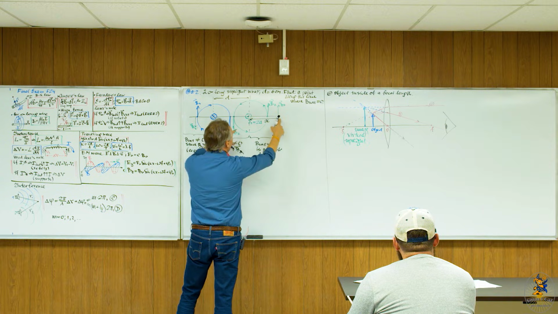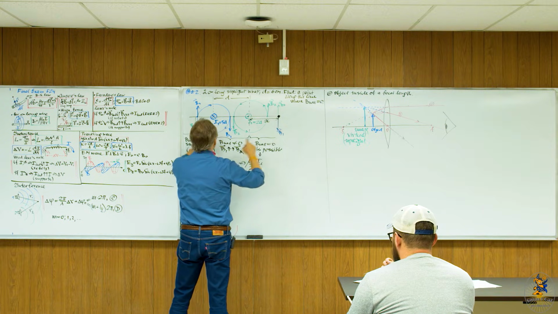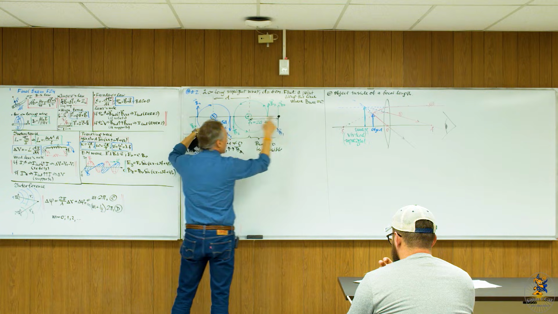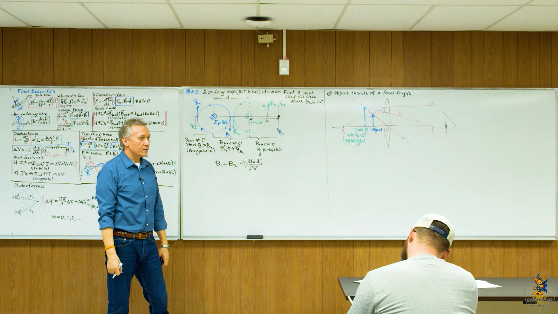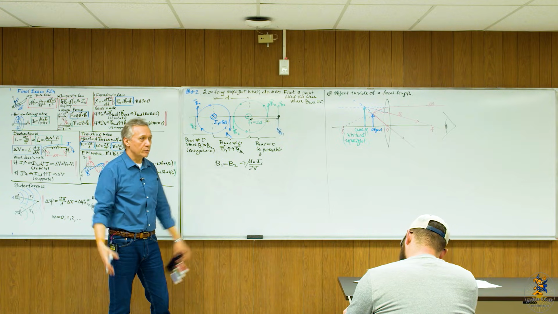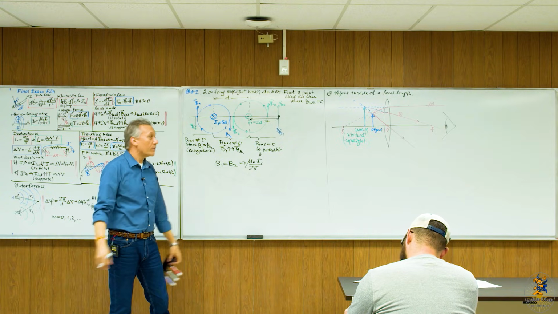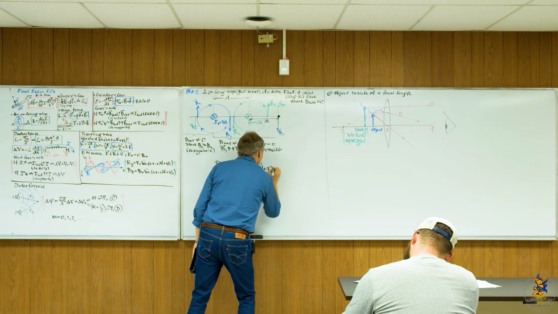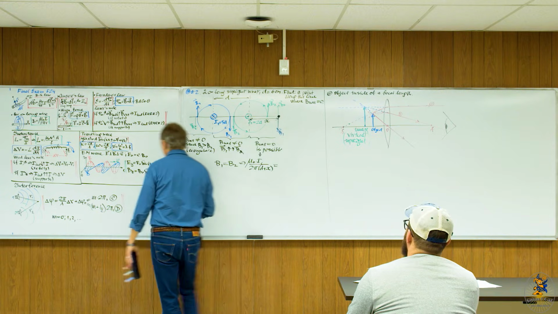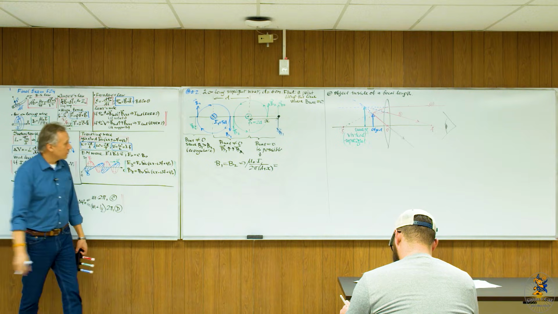B1 has R1, the distance from the current I1 to the point in question. Yeah, D plus X. We just need to look carefully at the picture to see which distance must be involved. It's D plus X. So that's B1, and now we need to write B2.